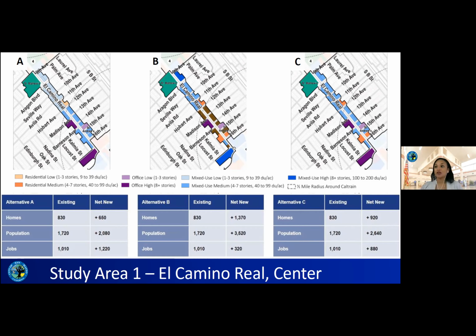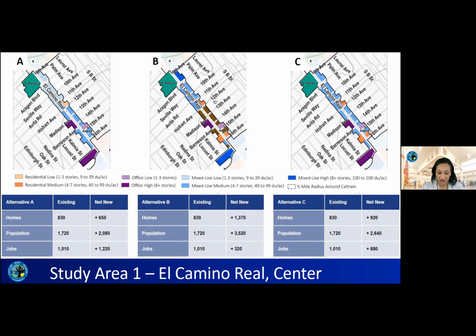Okay, so moving on to alternative B, we have mixed use medium at the top towards San Mateo, and then we have residential high towards the bottom. Residential high is going to have, I believe, 8+ stories with 100 to 200 dwelling units per acre.